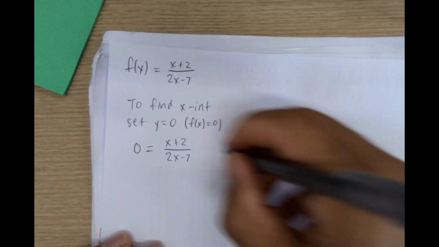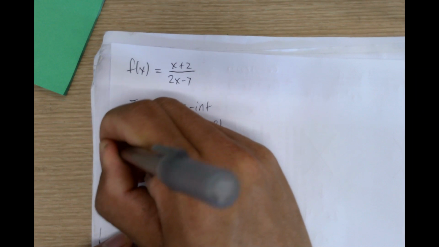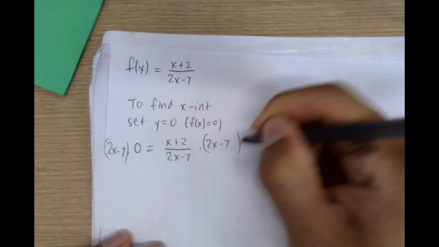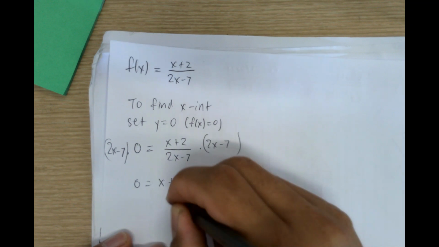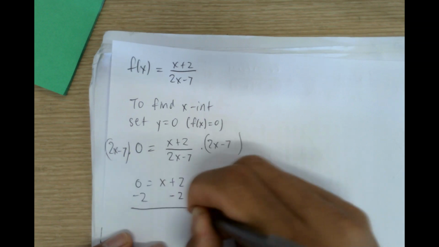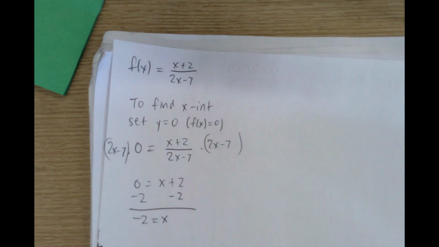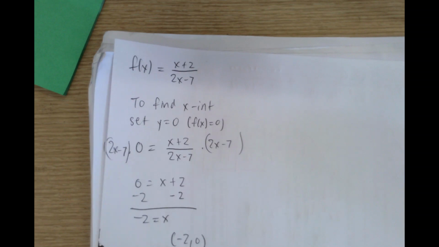We could just multiply both sides by 2x minus 7. Then we get 0 is equal to x plus 2. And we subtract 2 from both sides, we get negative 2 equals x. So at negative 2, 0, there is an x-intercept.